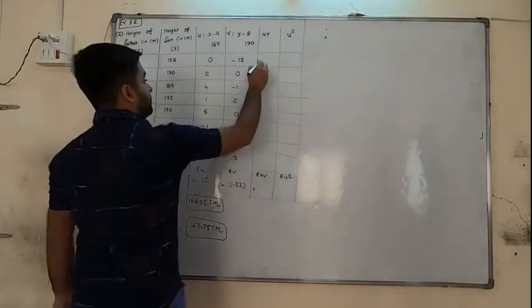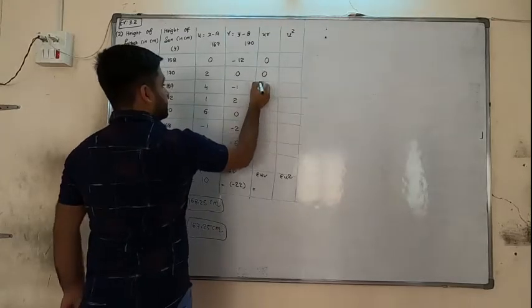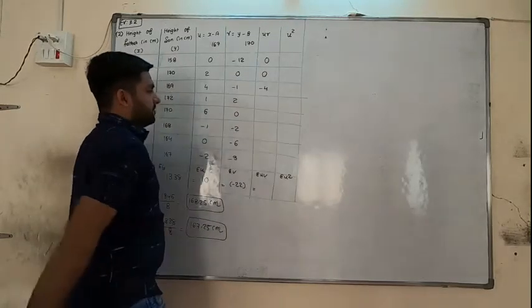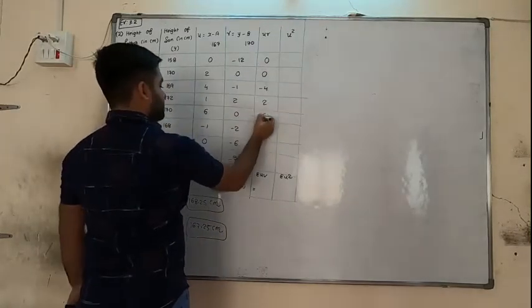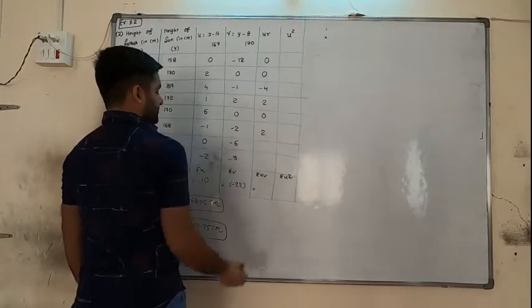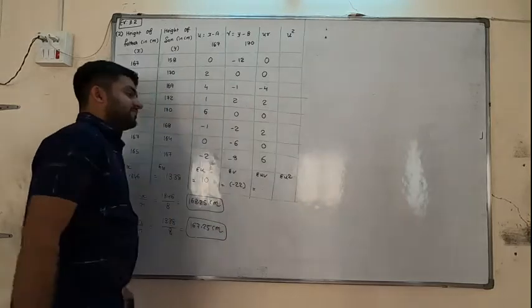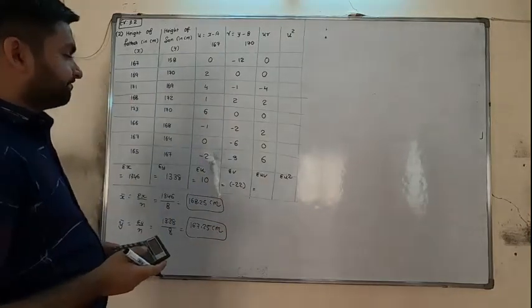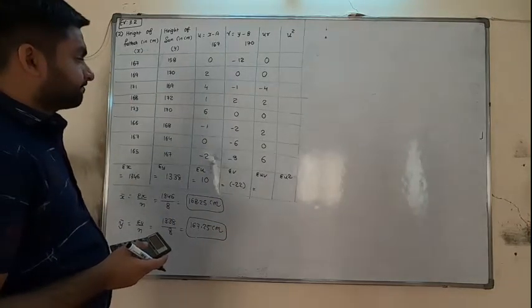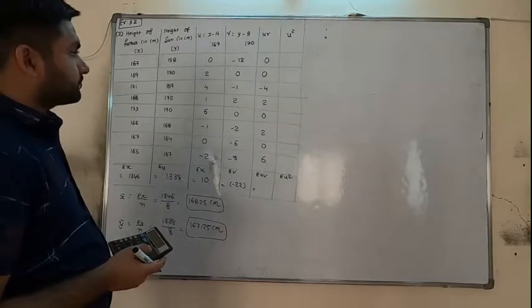Now the uv products: 0 times 0 is 0, 2 times 0 is 0, 4 times minus 1 is minus 4, 1 times 2 is 2, 6 times 0 is 0, minus 1 times minus 2 is 2, 0 times minus 6 is 0, minus 2 times minus 3 is 6.